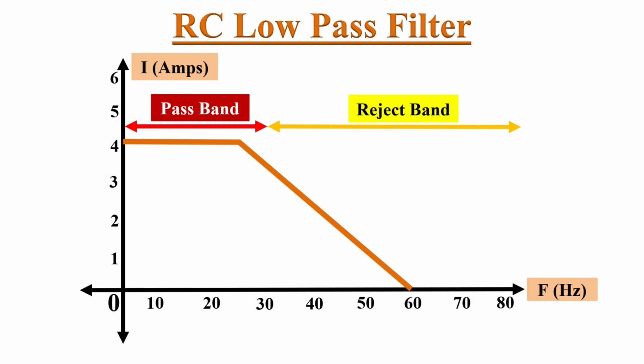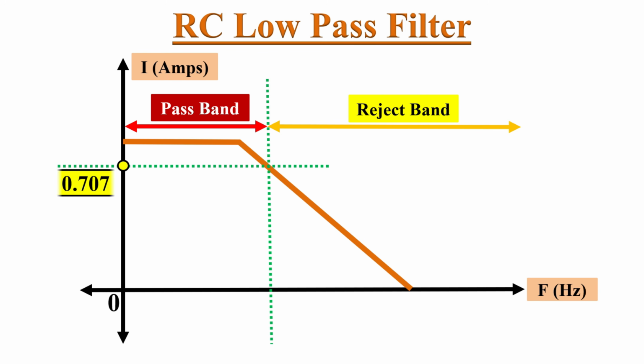At low frequencies, the low pass filter provides zero or minimum attenuation, but as the frequency increases, the attenuation also increases. The frequency at which the output is 0.707 times the input signal is known as the cutoff frequency, or minus 3 dB frequency.